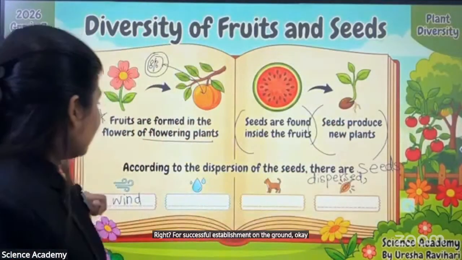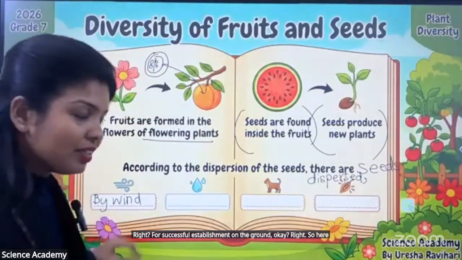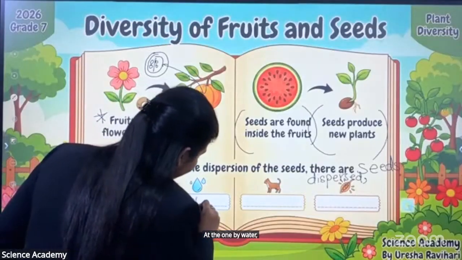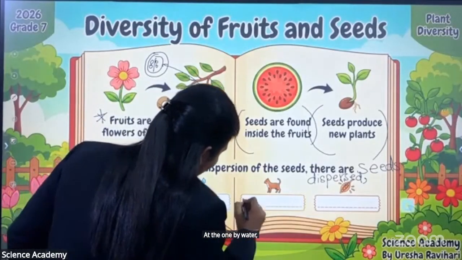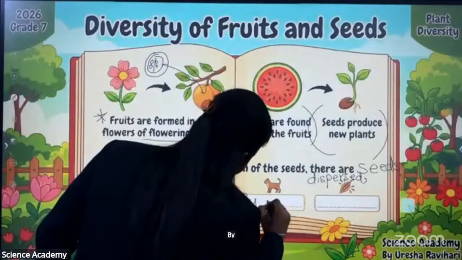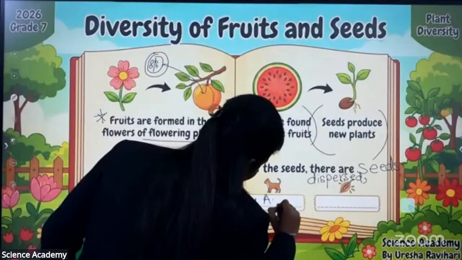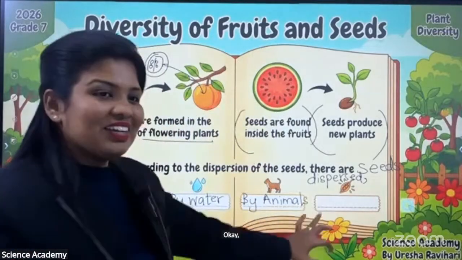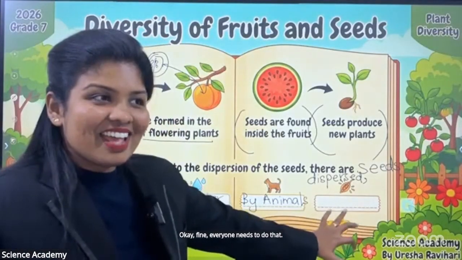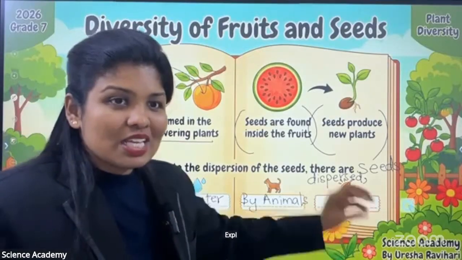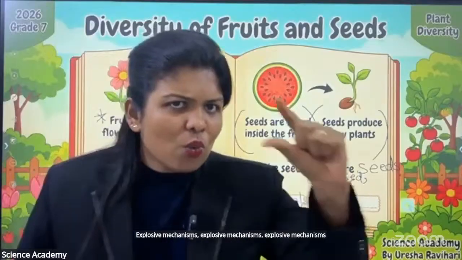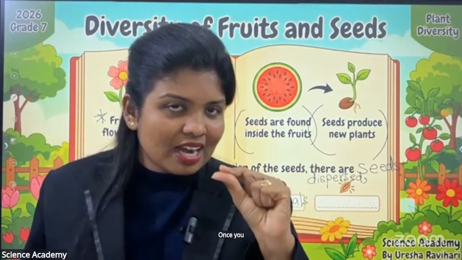Okay, right. So here by wind this happens, other one by water, by animal. Okay, final one is children, explosive mechanisms. Explosive mechanisms means once you press it, right?